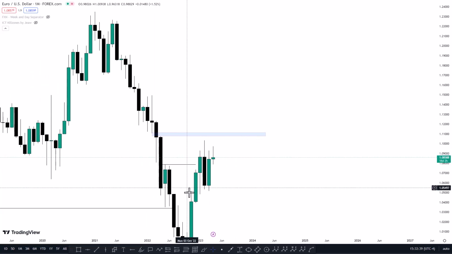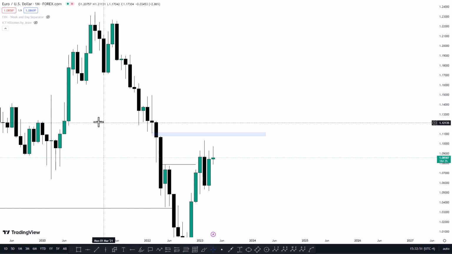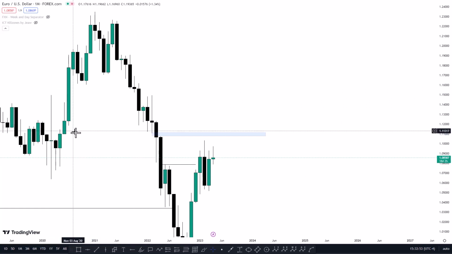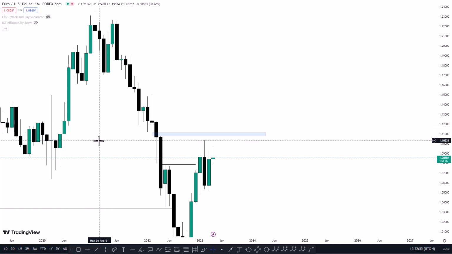The next thing you have to remember is to know all the imbalances the market created before. For example, if you have this imbalance here, even if the market traded through it, you have to understand this imbalance is very, very powerful. Mostly, in case you want to take sniper entries, you have to know all of those imbalances.